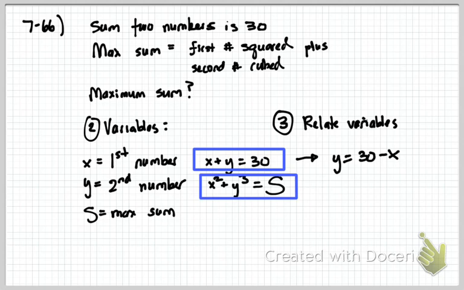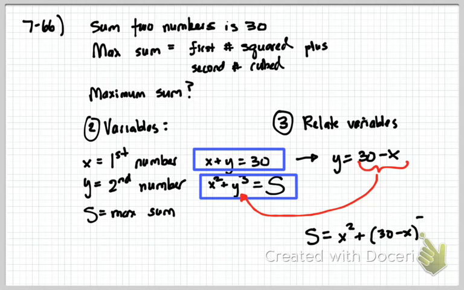If you know that's true, we can take this 30 minus x and go ahead and plug it in here. So now we have a new equation, sum equals x squared plus (30 minus x) cubed.